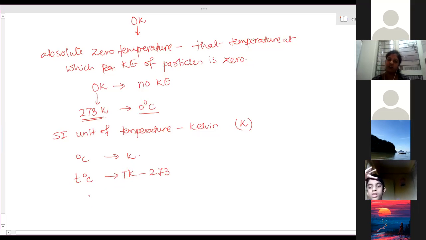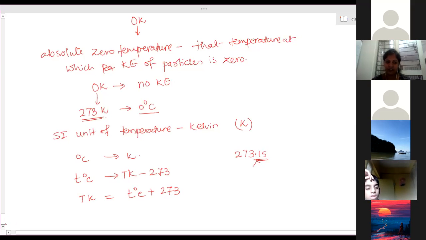And if we want to find the Kelvin temperature, T Kelvin is equal to T degree Celsius, for example 80 degrees Celsius, plus 273. The actual value is 273.15, but to make calculation easy, 0.15 is removed.